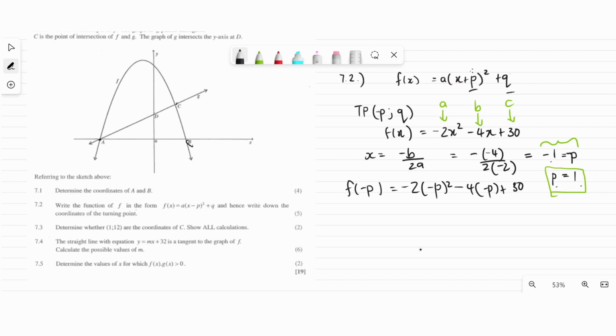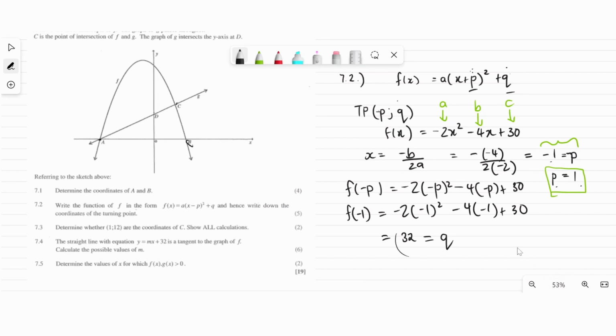But we know that negative p is negative 1. So it's going to be 2 times negative 1 squared minus 4 times negative 1 plus 30. Punch this into the calculator. You're going to get your q as 32. So this one is your q.